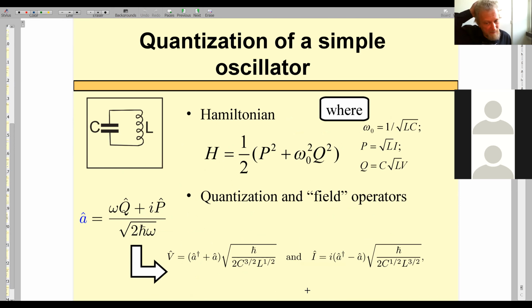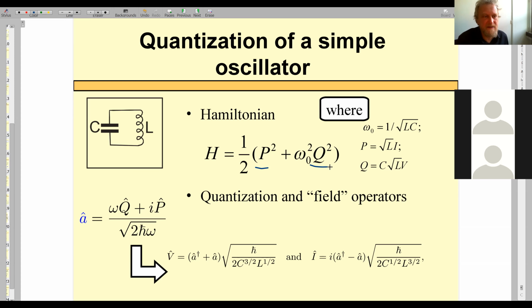Very well. I also have a very short story about the single oscillator. Since I did it in the previous lecture, I ought to make it quantum now. It's the same story. I need this generalized coordinate and generalized momentum, which I have already obtained.